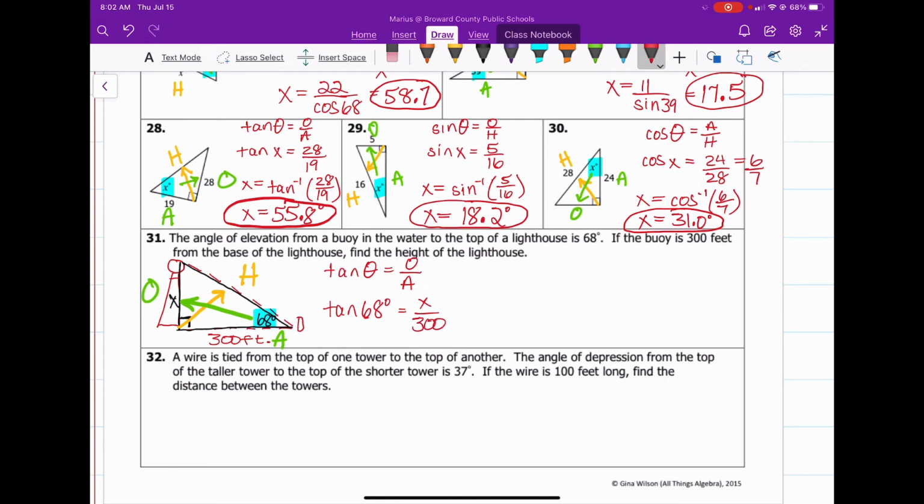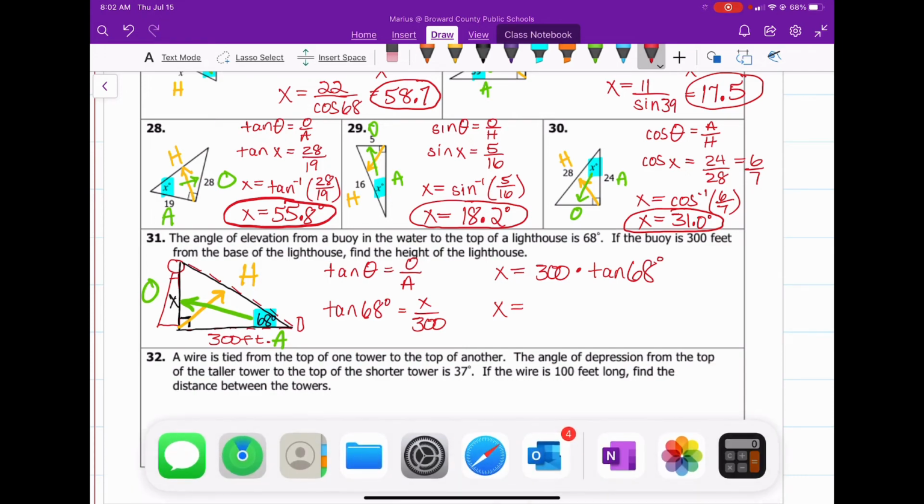Now, solving for x, x is equal to 300 times tangent of 68 degrees. So let's use our calculator and figure out what that equals.